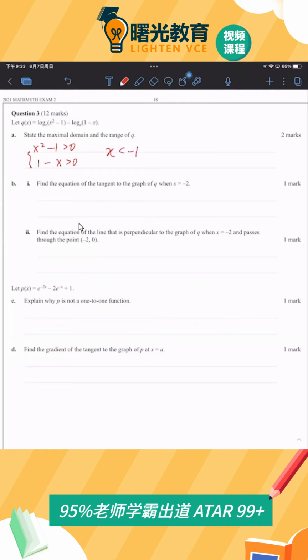You may be confused about how we can work out the range. Look, when we simplify it, it's actually ln of (x squared minus 1) divided by (1 minus x). That is ln of ((x plus 1)(x minus 1)) divided by (negative (x minus 1)).